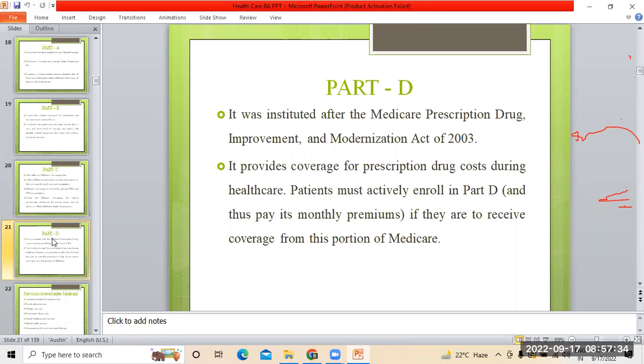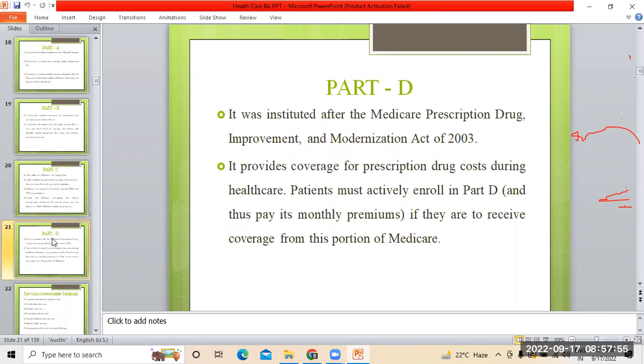So these are the four different services which come under the Medicare part. Part A, as I told you, focuses on inpatient services. Part B comes under outpatient services.